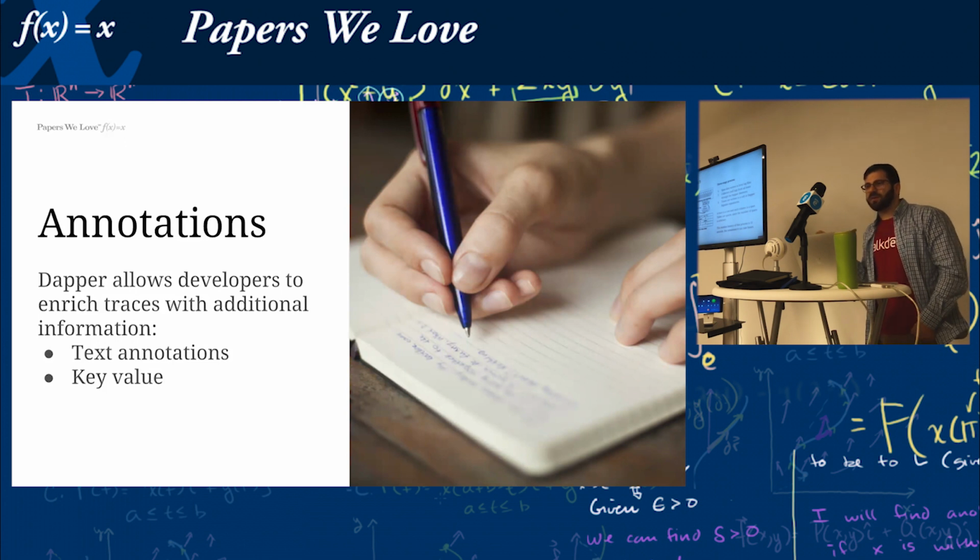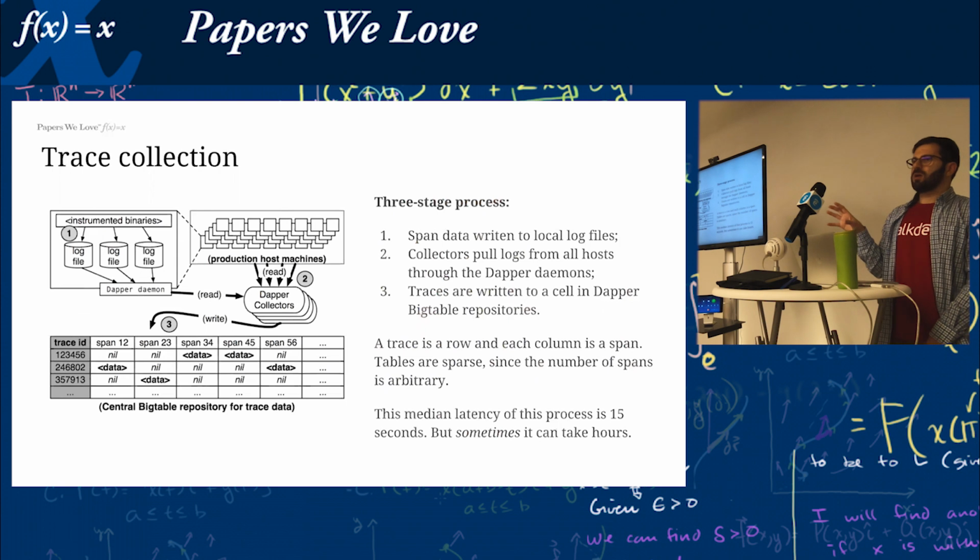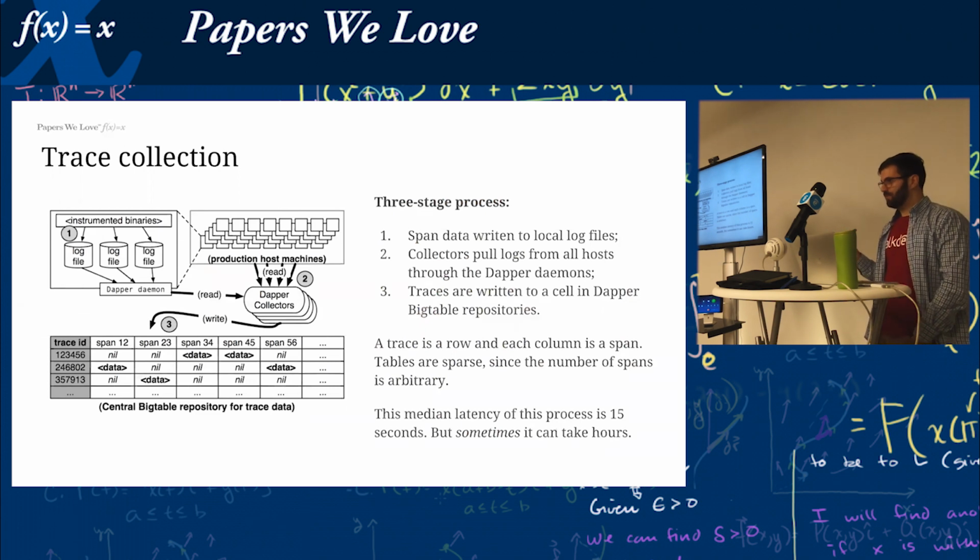So until now I covered the architecture of tracing, how having a global trace ID is important, and how Google instrumented. Let's talk about the trace collection, how the process works. Basically, these shared libs write asynchronously to a local log file. This is a completely asynchronous process, and as you can see here, in each production host there is a Dapper daemon running.